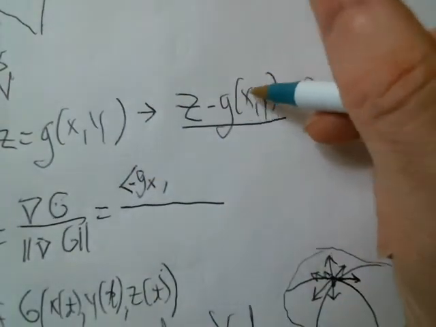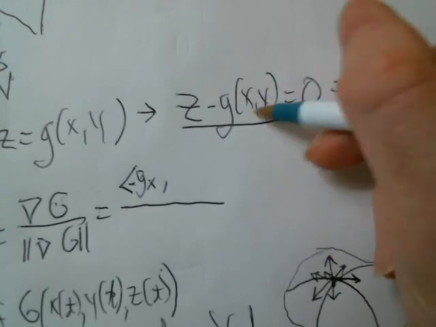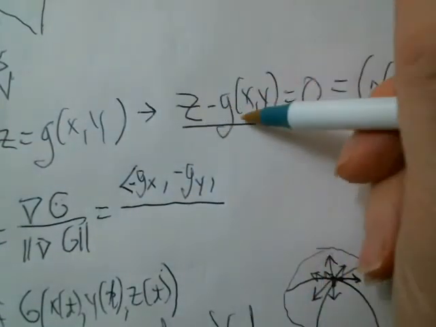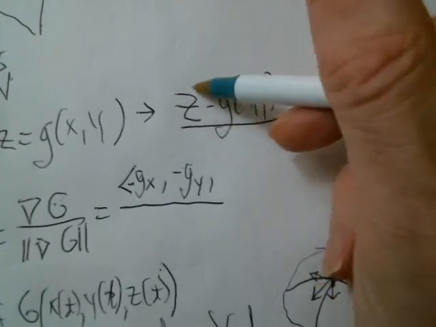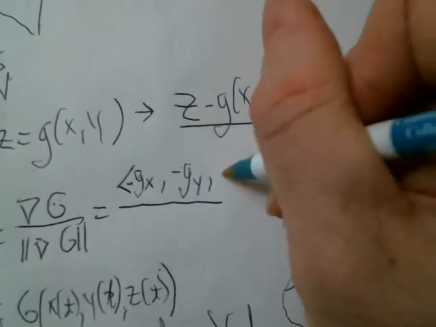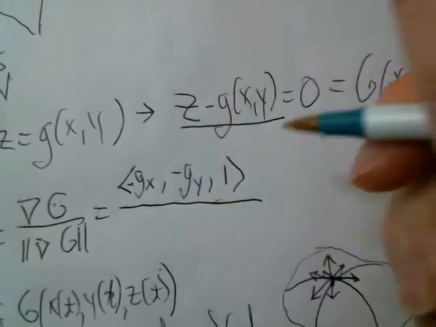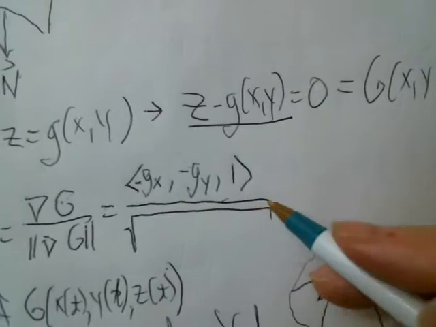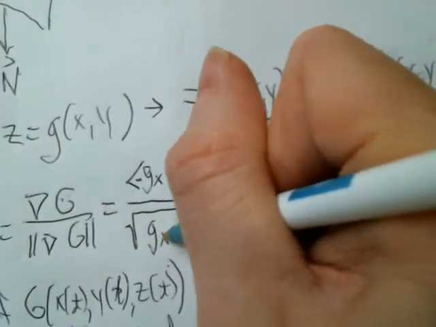The second component with respect to y, z will be 0, and then the derivative of this with respect to y. And then the partial derivative of this whole thing with respect to z, so this will be 1 and this will be 0. So I'll have 1. And then downstairs, the magnitude of that thing is just the components squared, and then it's like, oh, that's familiar.